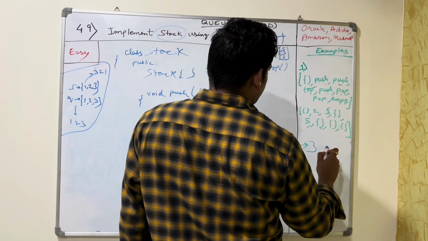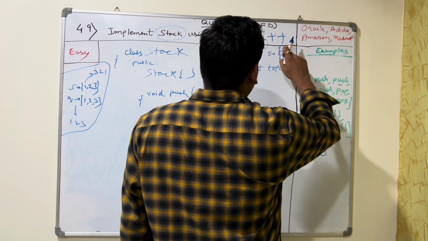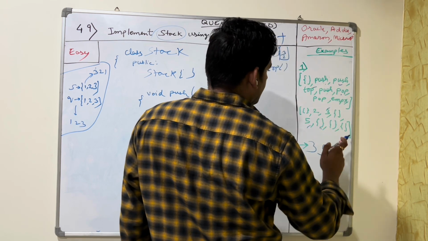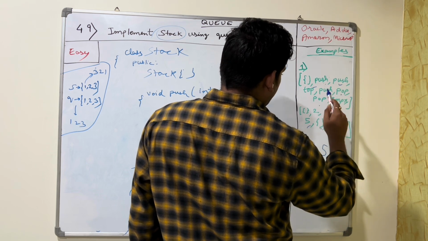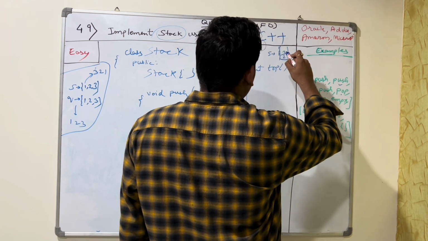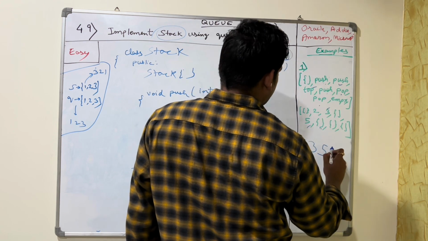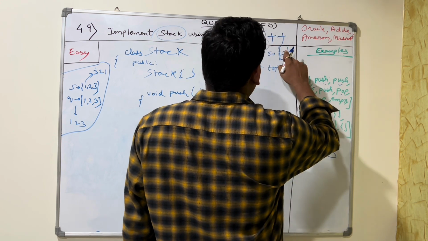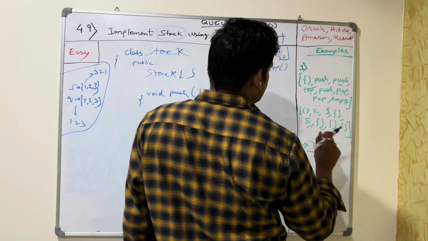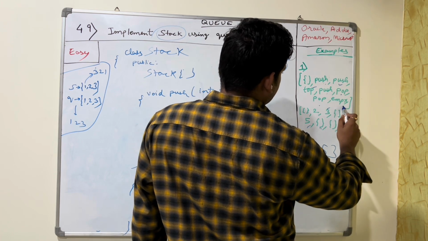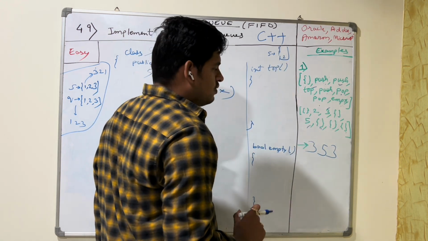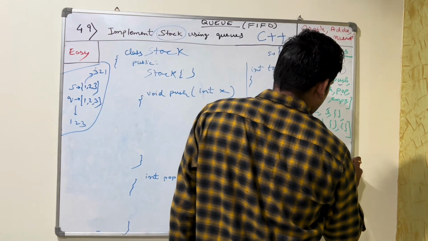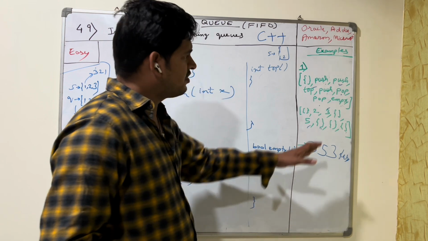So 5 will be popped out and removed here. Then we again pop out. What is the top element? 3. So 3 will be removed again and printed, and now we check whether the stack is empty or not. We can see stack is not empty, there is element 2, so we will return false. In this way stack operates.